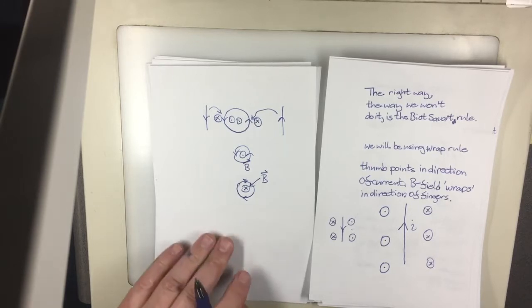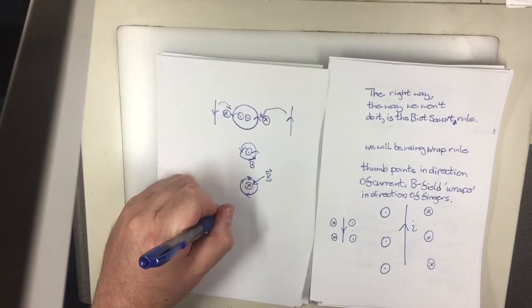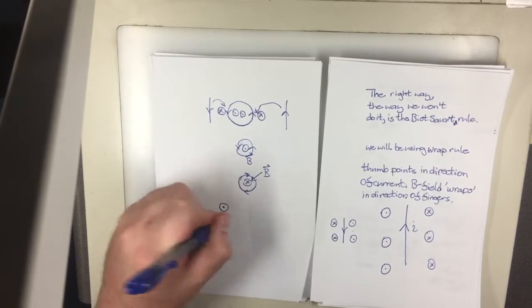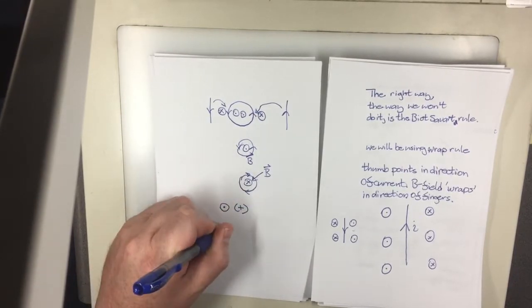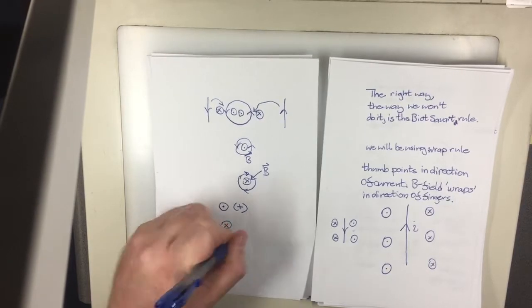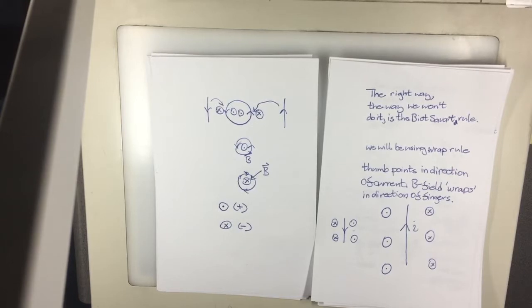Out of the page represents a positive B field. Into the page represents a negative B field.